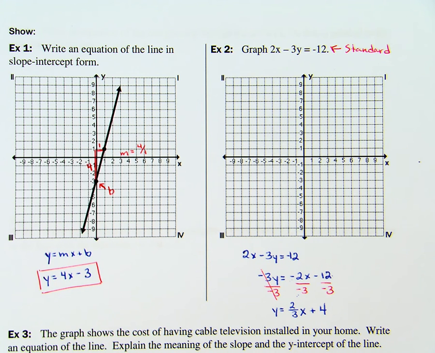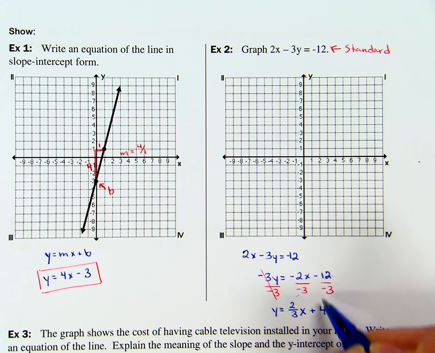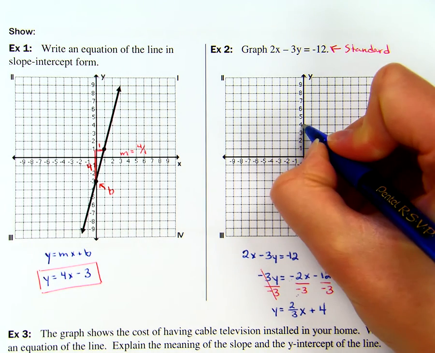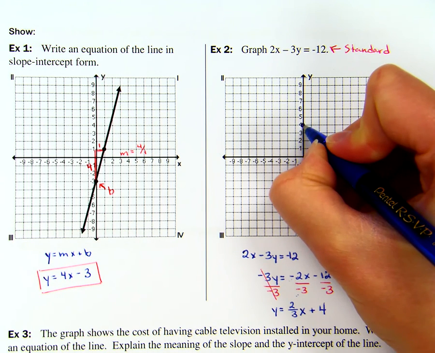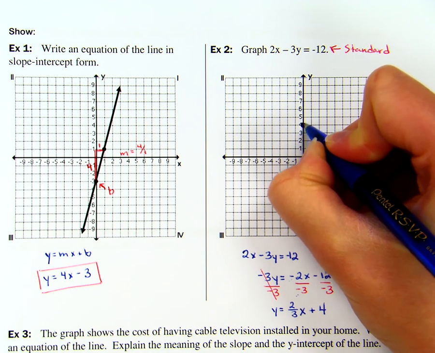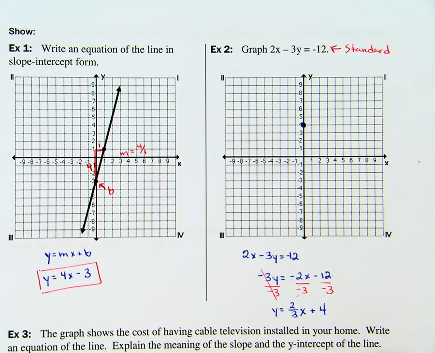Now that we have our equation, let's go ahead and graph it. We can start with the y-intercept, a b value of 4. So on the y-axis, let's go up 4 units and place a dot. Next, we can use our slope, the rise over run, to count to the next dot.